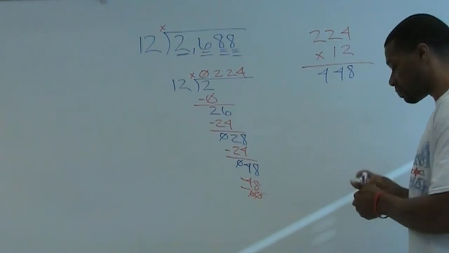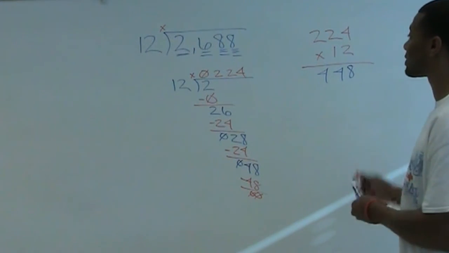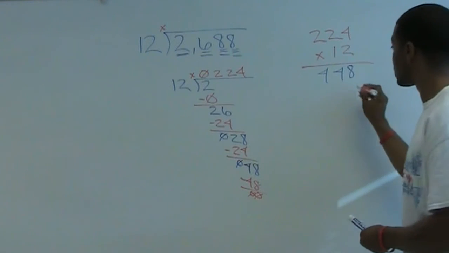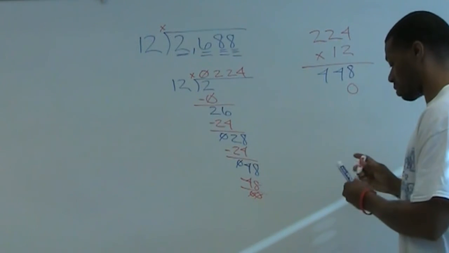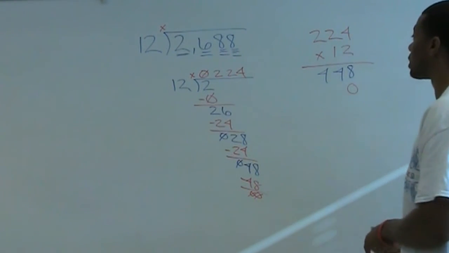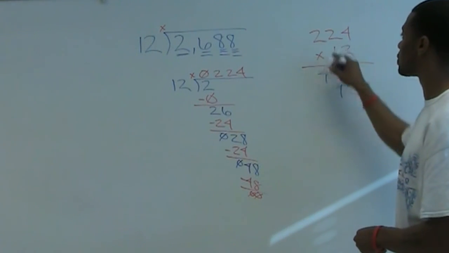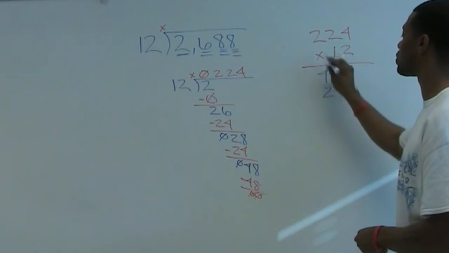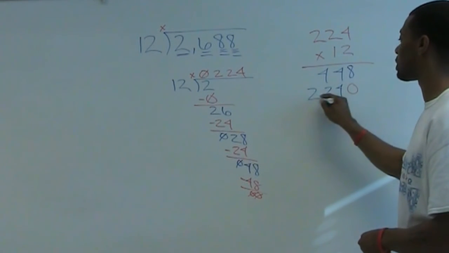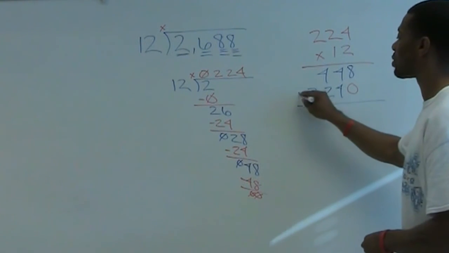We're going to put in our space holder because this isn't really a 1, it's a 10. Now we go to 4 times 1, which is 4. 2 times 1, which is 2. 2 times 1 again gives us 2. Now we're going to add them up.